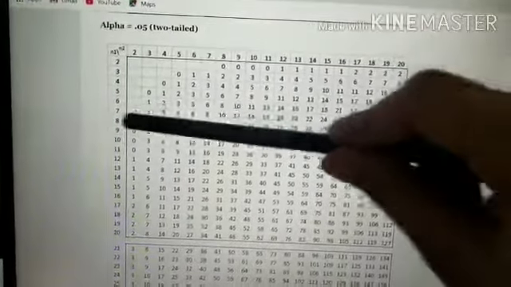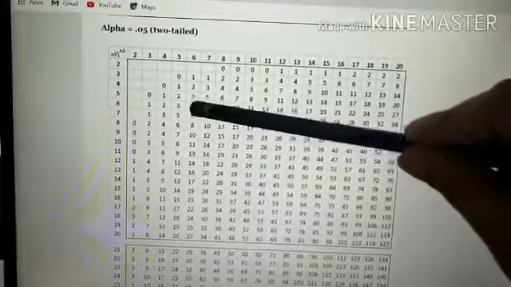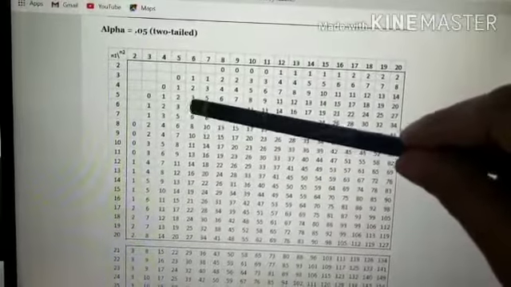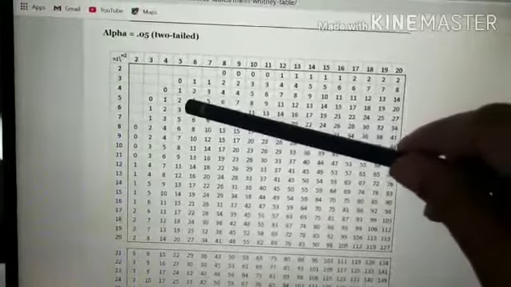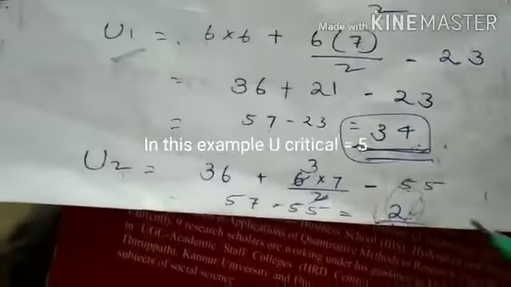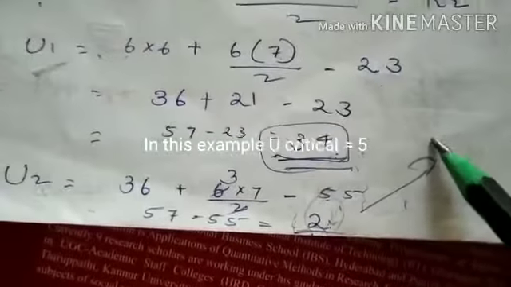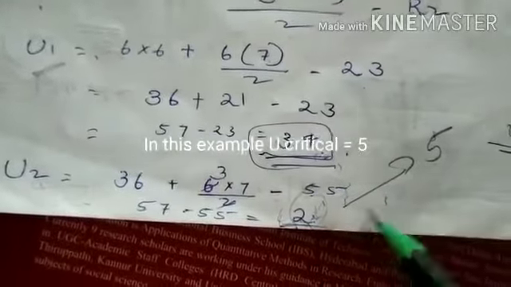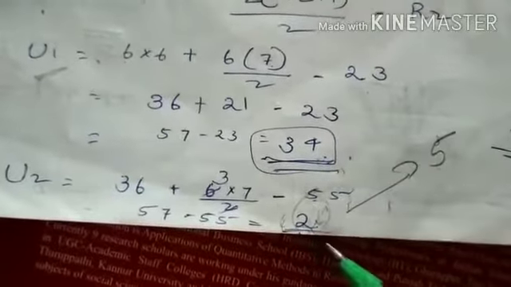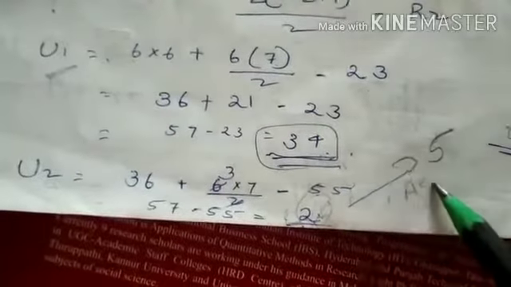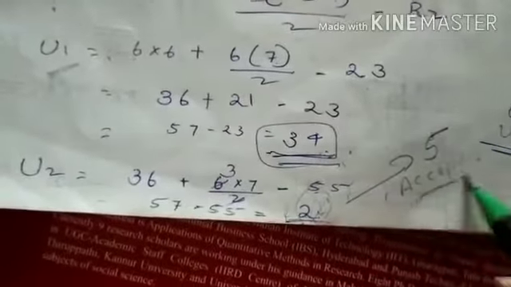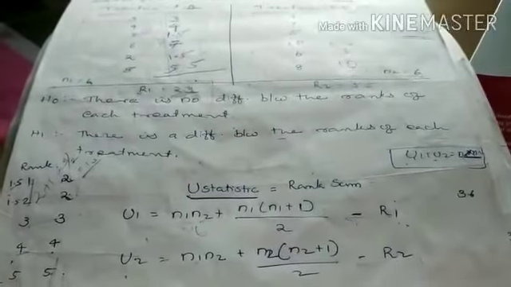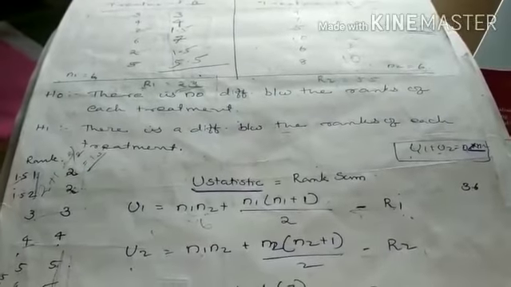Find the point where these two intersect. Here our value is 5. You need to compare the U statistic with U critical, which is equal to 5. As the table value is greater than the calculated value, you need to accept the null hypothesis. So in this case we accept the null hypothesis that there is no difference between the rank of each treatment.